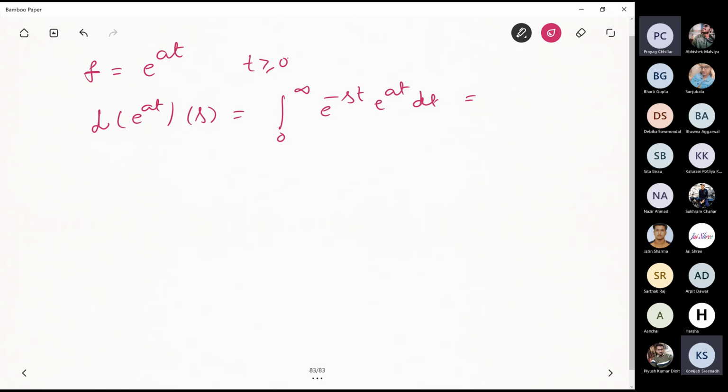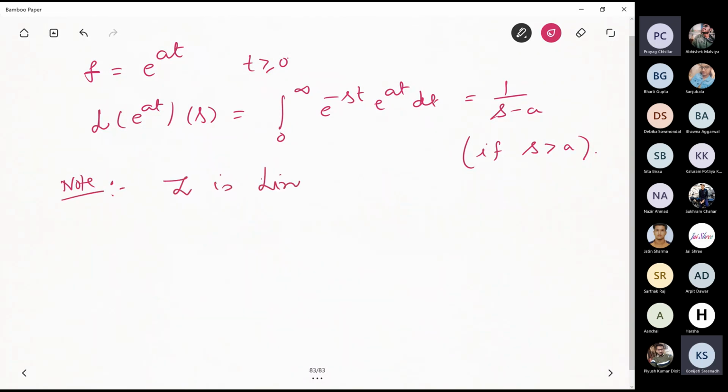You can integrate this, it's easy, and then you can see that this is 1 over s minus a if s is greater than a, and not otherwise. Therefore, the Laplace transform of this function exists for all s greater than a. And moreover, we also see that L is a linear operator.